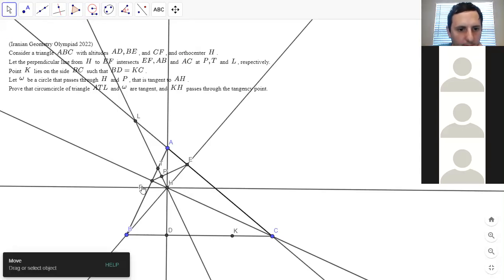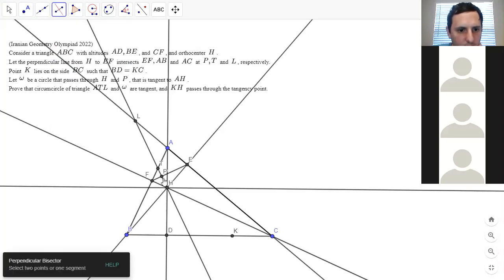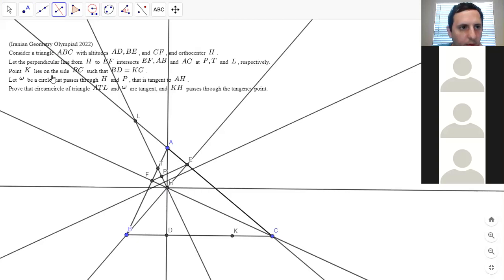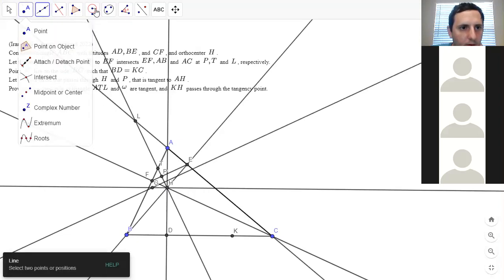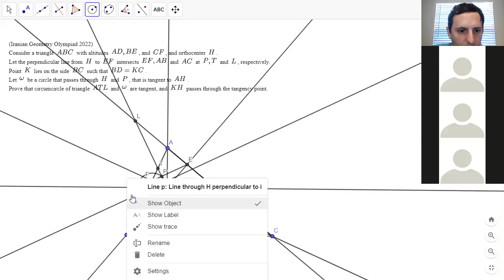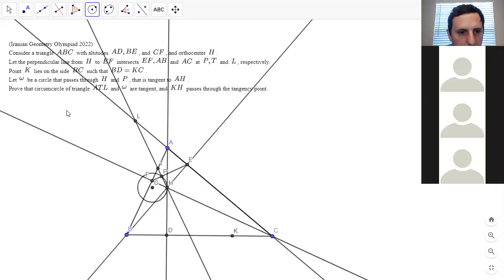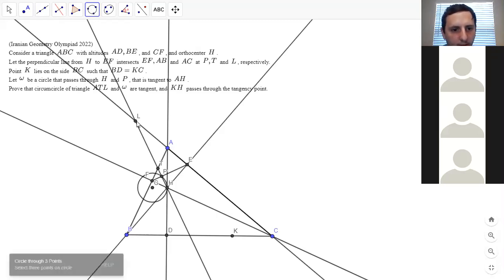I'm going to draw the perpendicular bisector of PH. Okay, so it would be this circle right here. And we want to show that the circumcircle of ATL and that are tangent, and that KH passes through the tangency point.